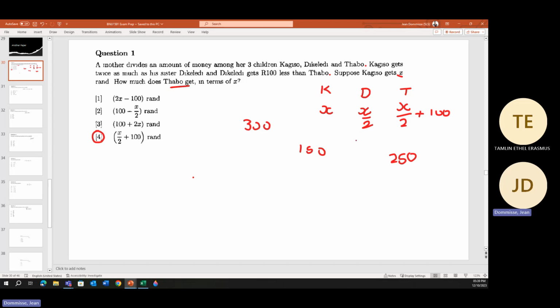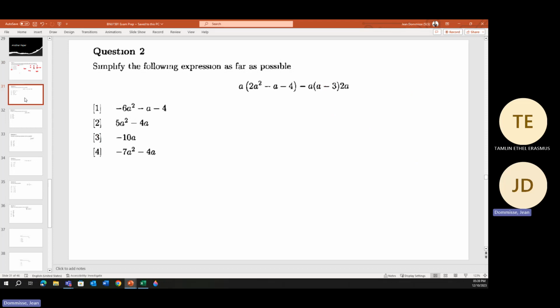And then the sister is getting 100 rand less than Tabu, so Tabu gets 100 rand more than the sister. So that is a way of working out this one. Interesting one to start off with, basically needing to put the expression in terms of x.